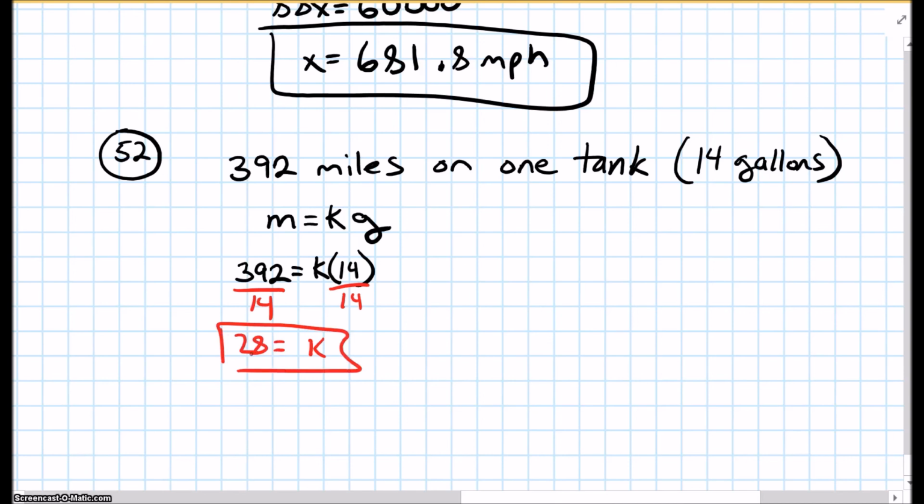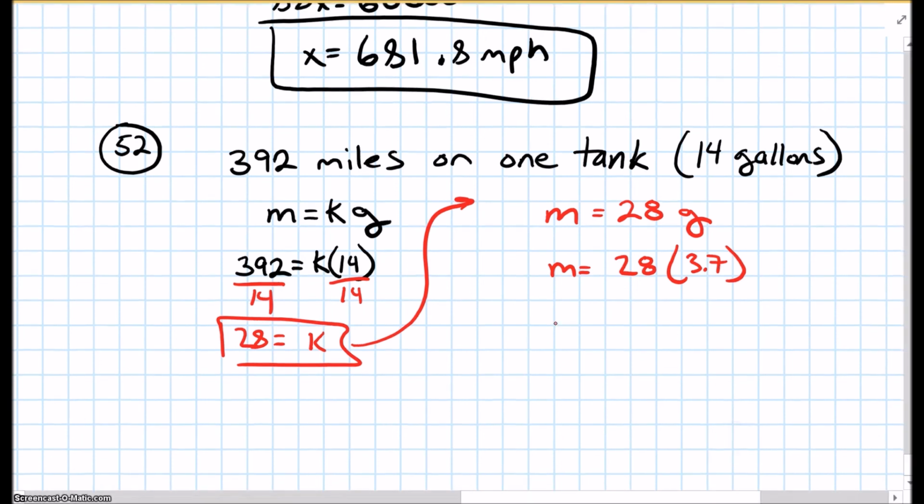So my new equation is my miles equals 28 times however many gallons I got. So I only have enough money to buy 3.7 gallons. So how many miles can I go? 28 times 3.7. I can go 103.6 miles before I run out of gas.